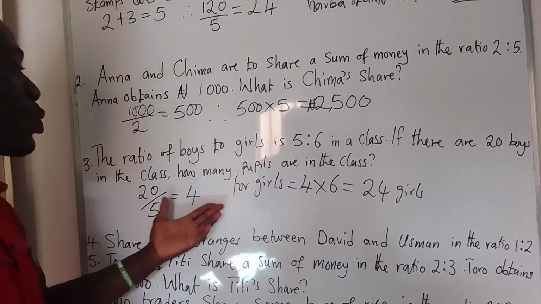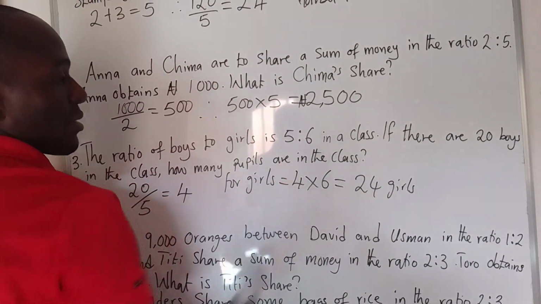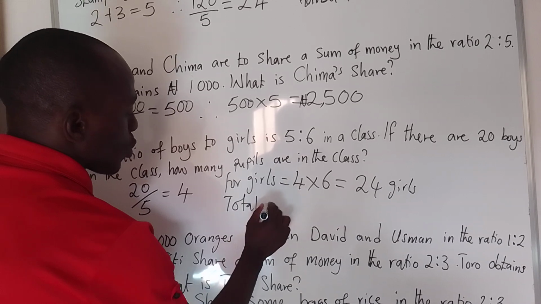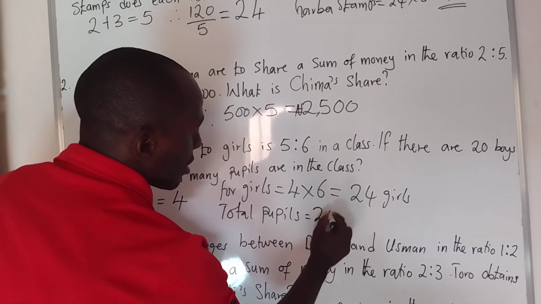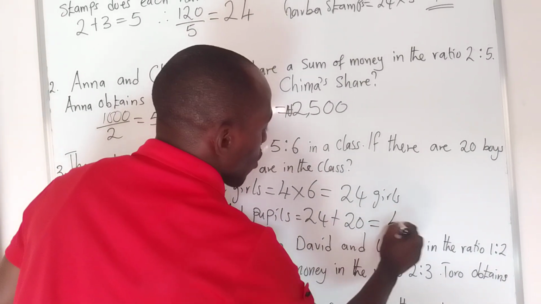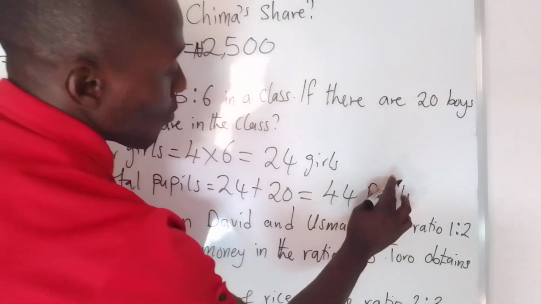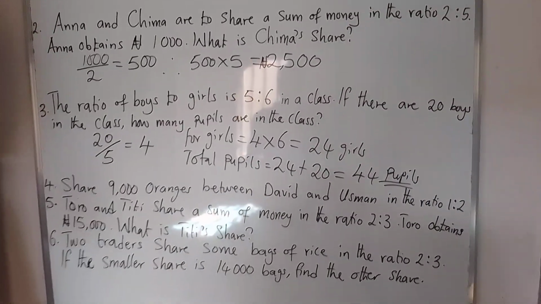So we have to add the total number of boys, which is 20, to the 24 girls. The total pupils in the class is equal to 24 girls plus 20 boys, which will give us 44 pupils. 44 pupils in the class. So this is the answer for number 3.